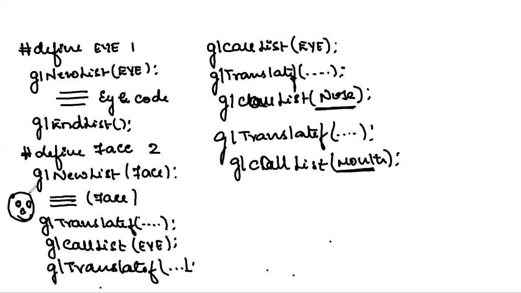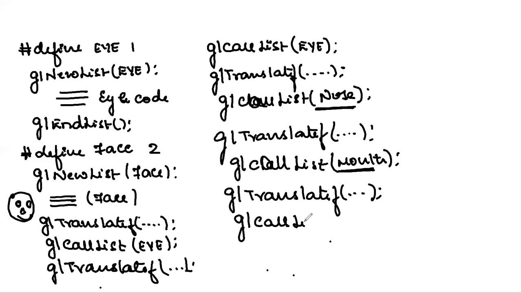We also have the ears. In order to do that, first we need to move to the position of the ears. So first let us write glTranslatef with some parameters, and then let us say glCallList of ear. So this gives us the first ear.